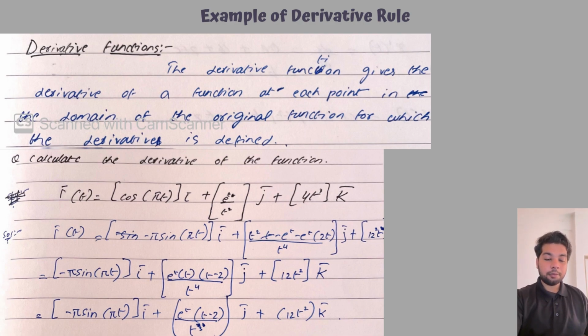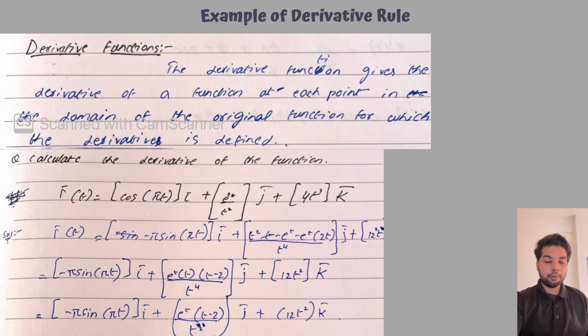For the second function, we use the quotient rule. Let's take the denominator first, t^2, then the numerator e^t, minus e^t times 2t, over the square of the denominator, plus if you talk about the 4t^3, take the derivative, 12t^2.